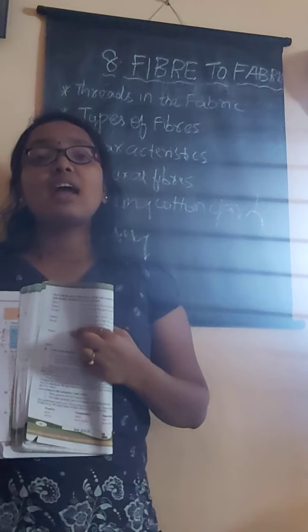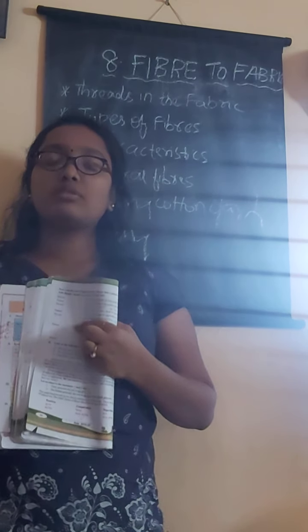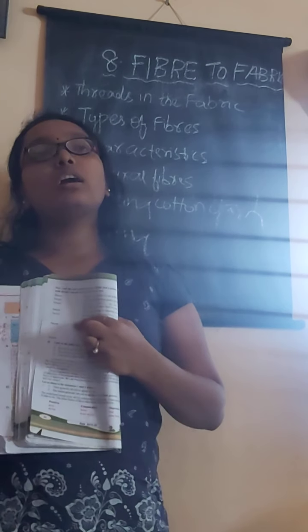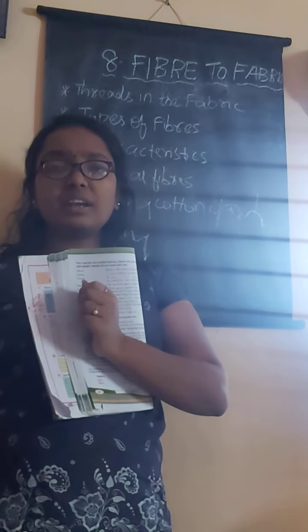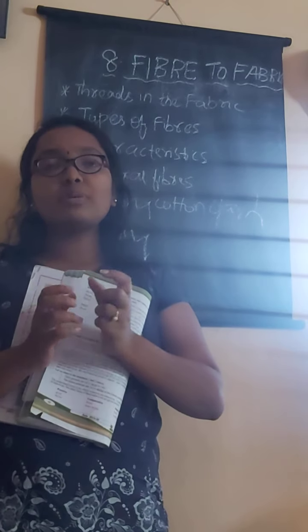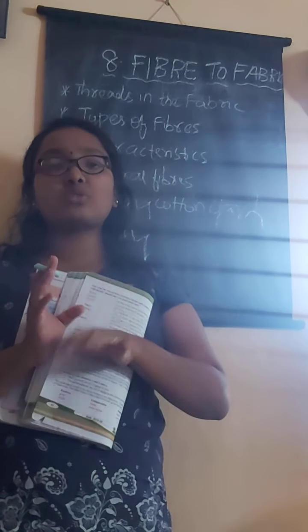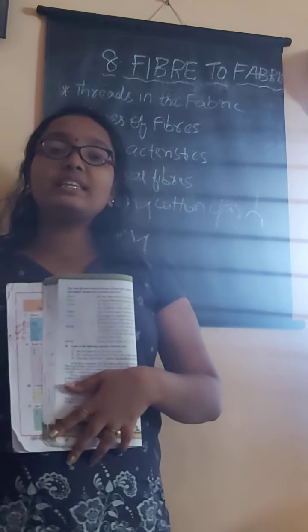Spinning is done using the charkha, and the cotton is converted into cotton cloths. In this big process, cotton is first converted into thread. If we prepare it by hand it is not strong, so we prepare it through the charkha. It is the oldest method.